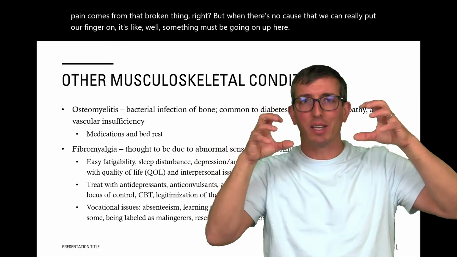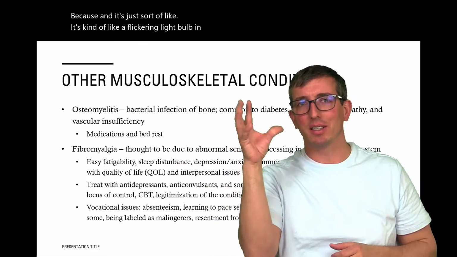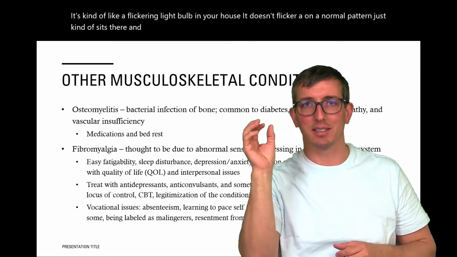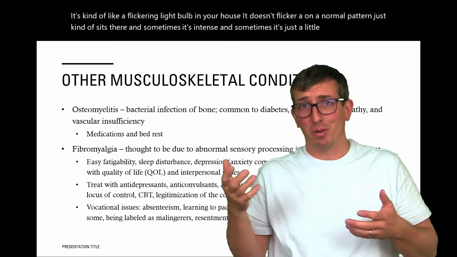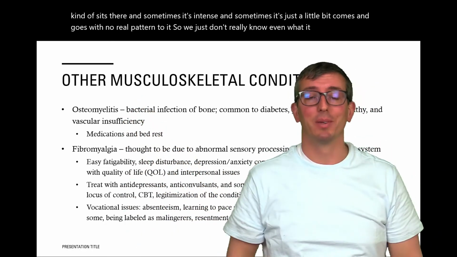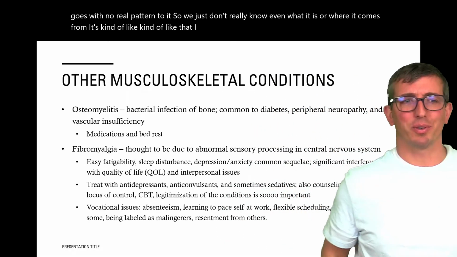It's kind of like a flickering light bulb in your house. It doesn't flicker on a normal pattern. It just kind of sits there, and sometimes it's intense and sometimes it's just a little bit, and it comes and goes with no real pattern to it. So we just don't really know even what it is or where it comes from. That, I guess, is an analogy for it.